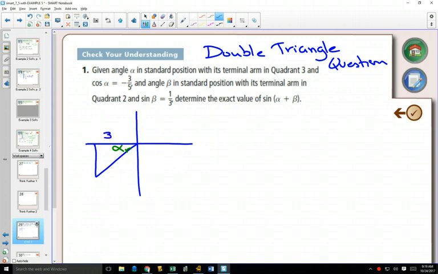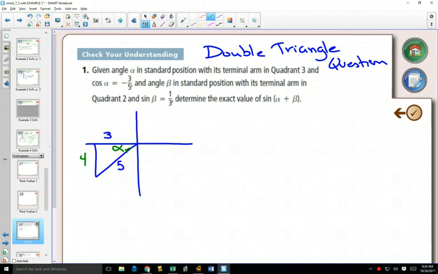The adjacent side would have to be 3. The hypotenuse would have to be 5. a squared plus b squared equals c squared. Do you recognize this one? 4. This one's 4. Beautiful triangle. So pretty. 3, 4, 5. So we're able to make our alpha triangle and figure out all of our sides.